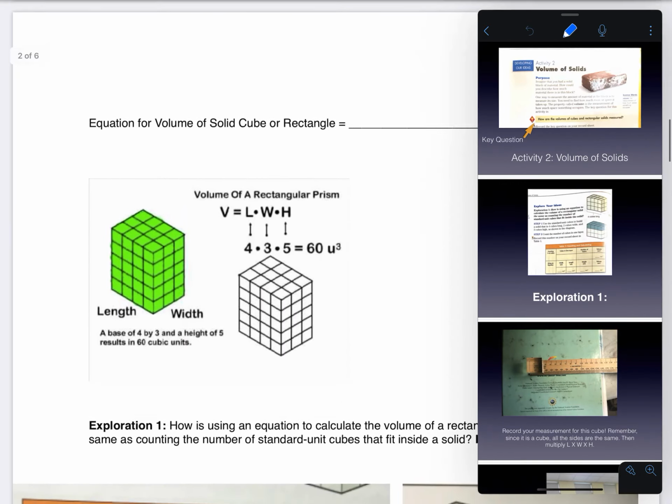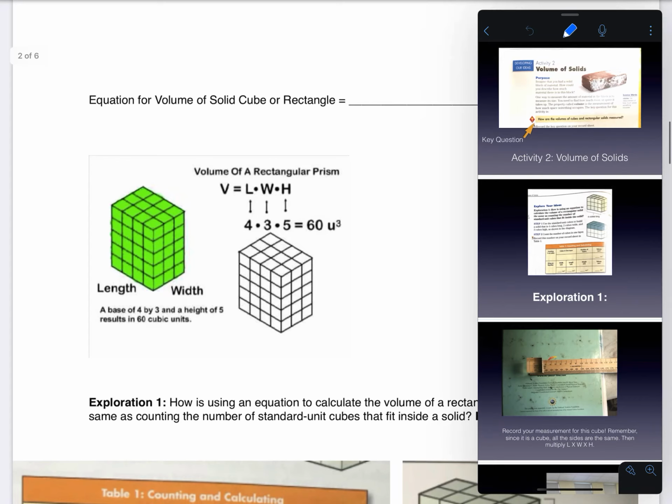And then the equation is right down here, right in the middle. The equation for a solid cube or rectangle is length times width times height.